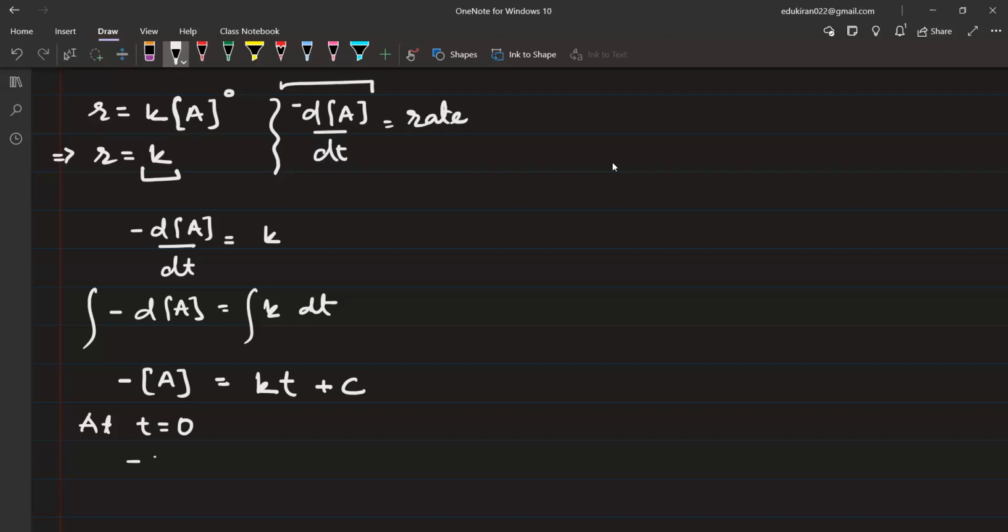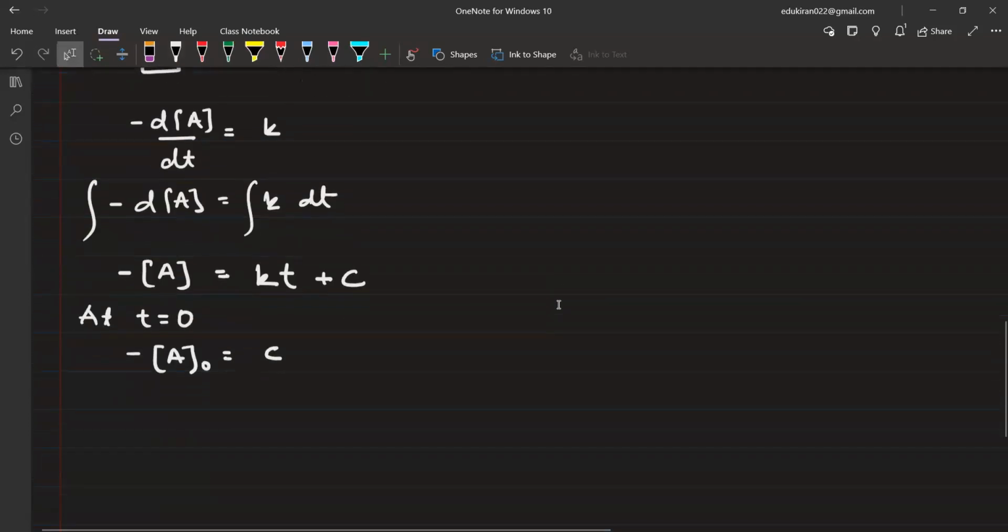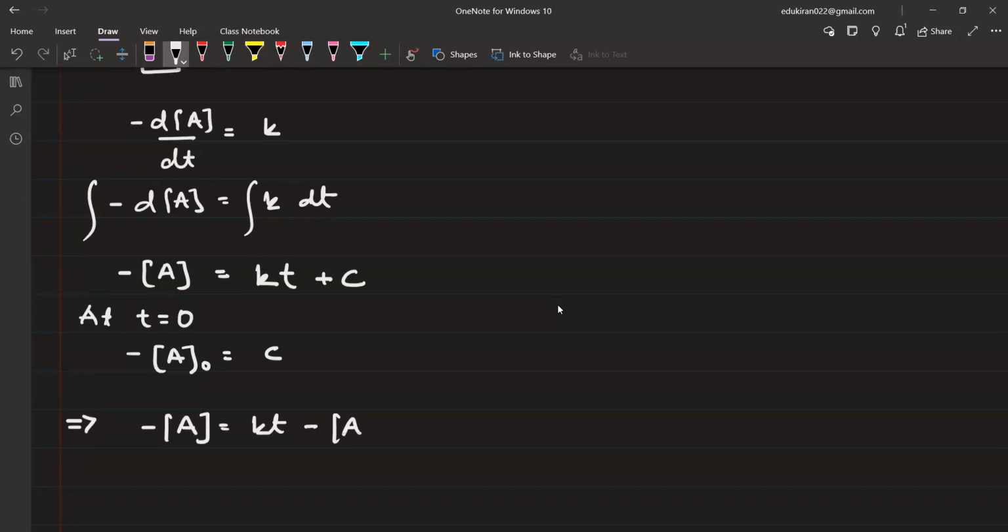Minus A naught is equal to C. We put t as 0, so multiply it by K; Kt will become 0. So C is equal to minus of A naught. Now from here you can write minus concentration of A is equal to Kt minus A naught.